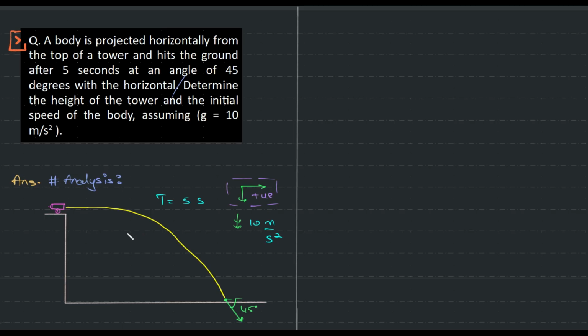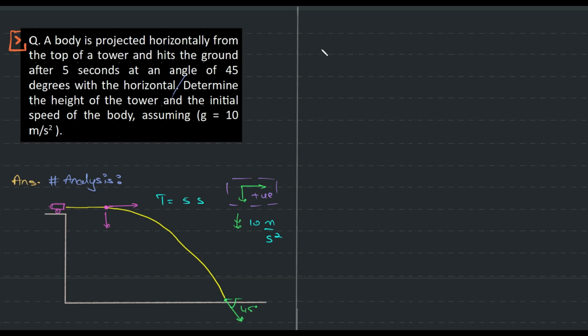All of this works because we can consider any given point of time and look at the motion of the particle in two-dimensional space in two different parts: one is horizontal and one is vertical.